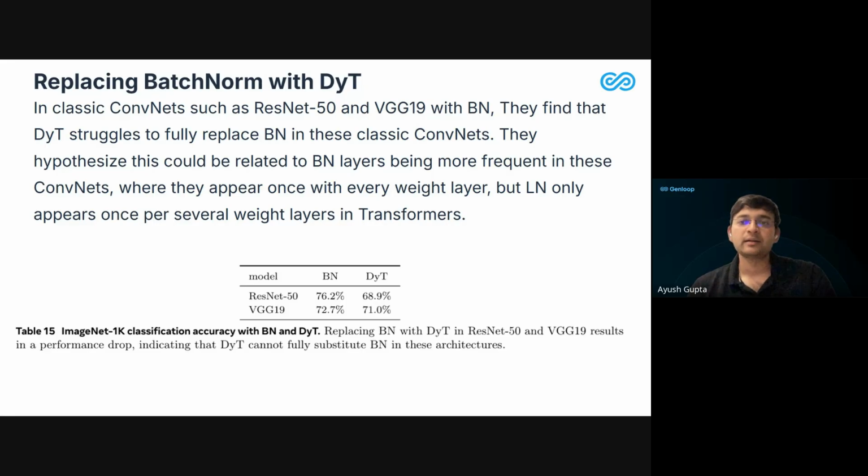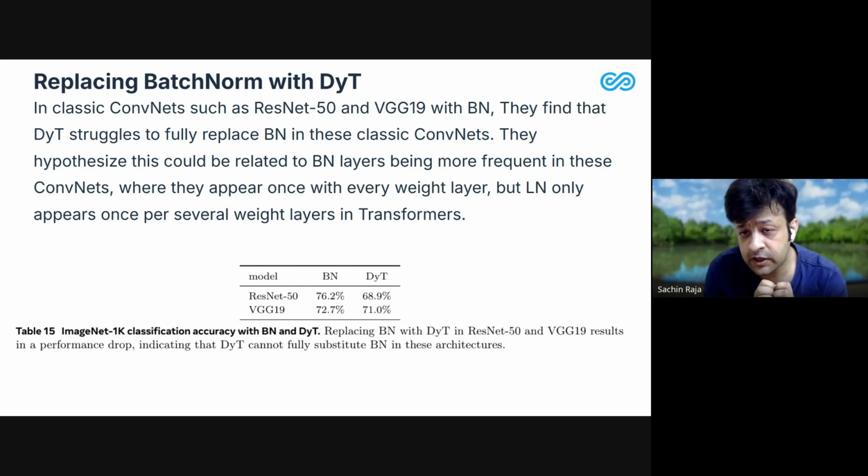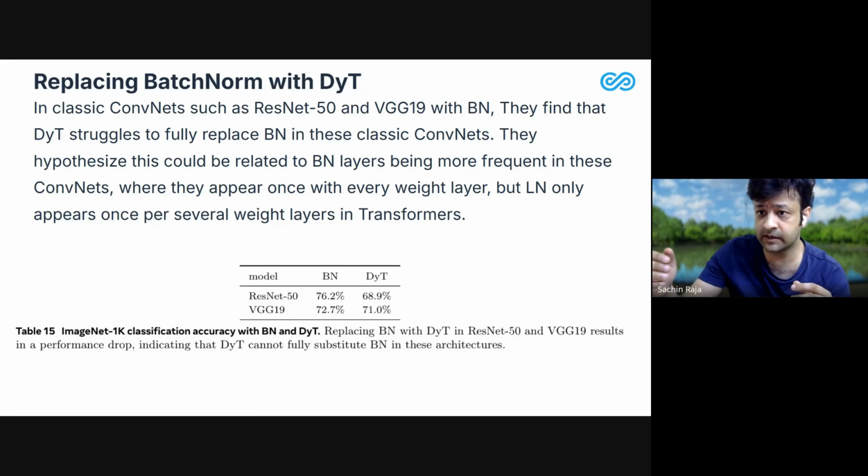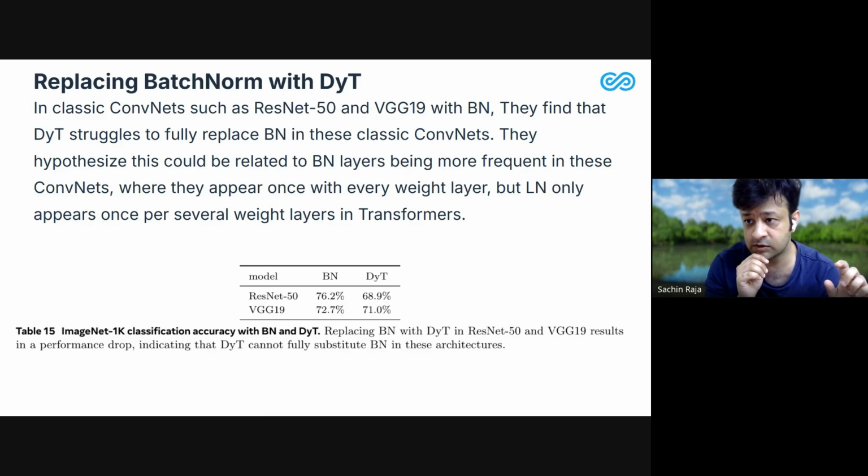I think possibly yes, because imagine the kind of variations that exist in images as compared to linguistic data. One image could be completely black and white, another sample could have significantly divergent characteristics in terms of pixel values.